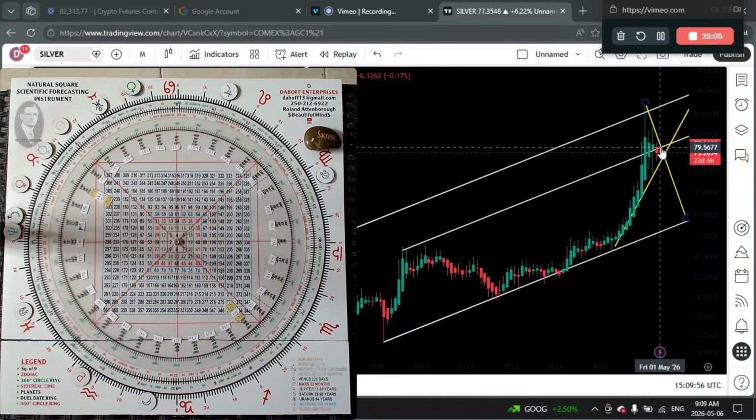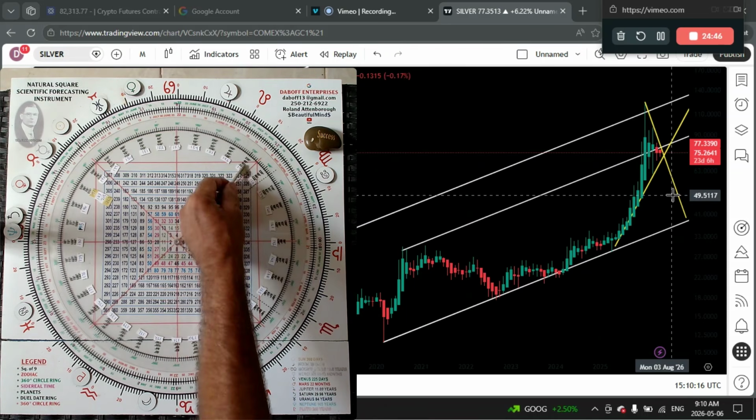So, are we going to see higher prices or are we going to see lower prices? Well, right now it's looking an awful lot like we're about to make another move down. And where would we be going to? Well, in my opinion, I believe we're going to retest this 49 level.